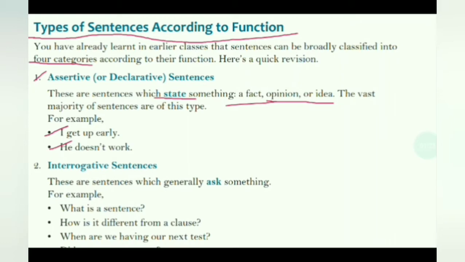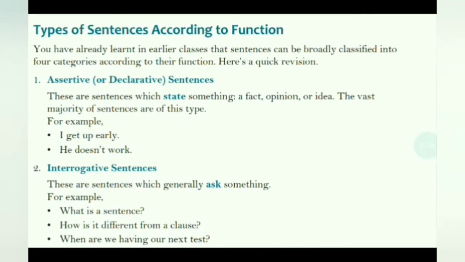Assertive or declarative sentences are of 2 types, positive and negative. Positive, as in this example, I get up early, and negative, like this example, he doesn't work. And negative sentences contain no, not, never in them. Alright?